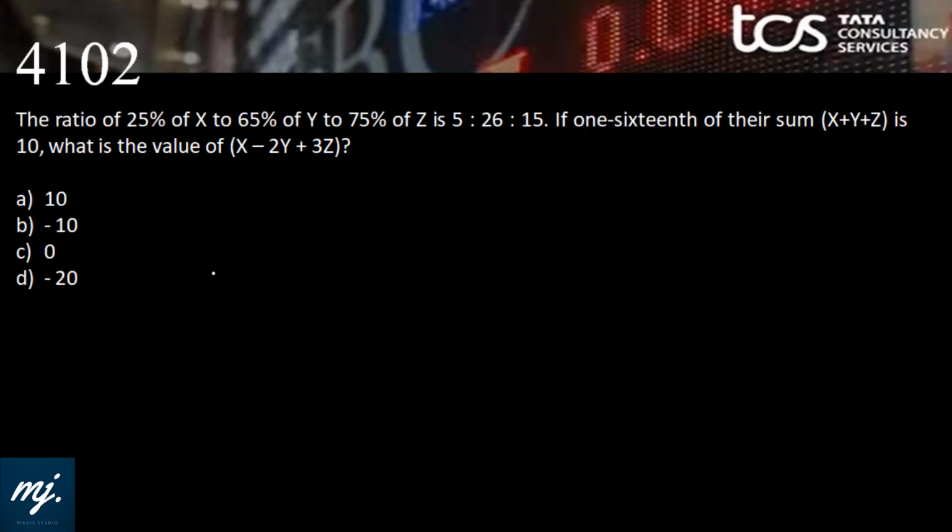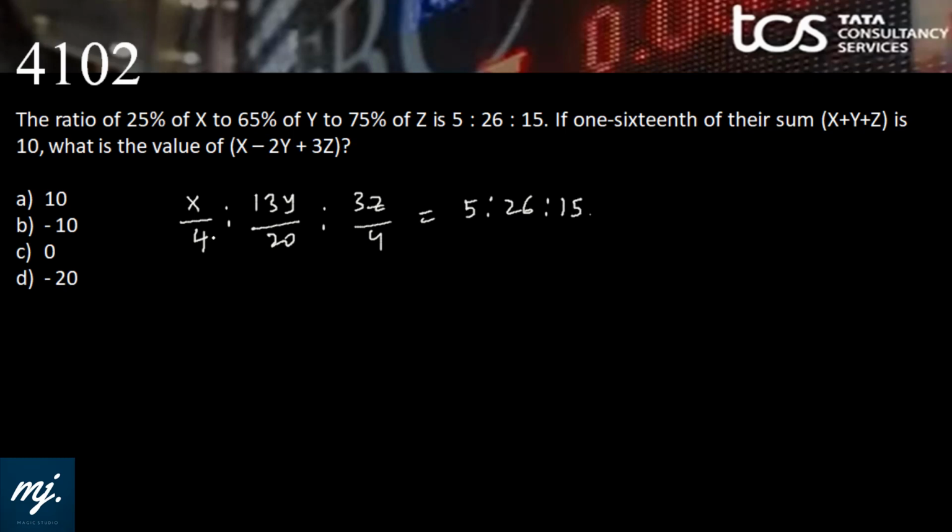Okay, a very interesting question from ratio. Ratio of 25% of x, that is x by 4, is to 65% of y, that is 13y by 20, is to 75% of z, that is 3z by 4, equals 5 is to 26 is to 15. Very good.